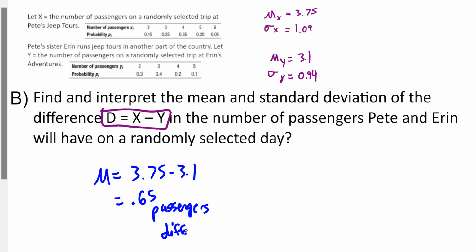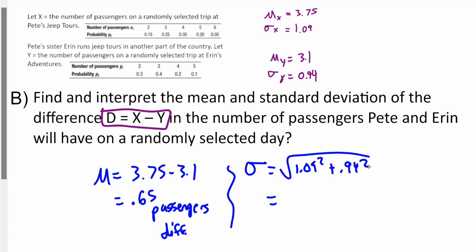And on average, that might vary by whatever I get here. So same deal. I don't even have to do anything different. It's going to be all the same. I would get still 1.09 squared plus 0.94 squared. I get 1.439.